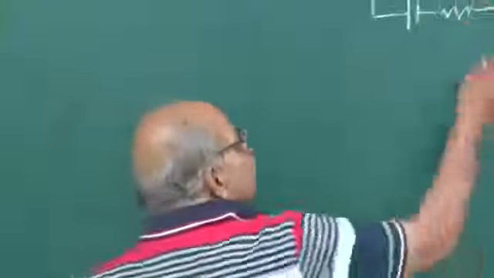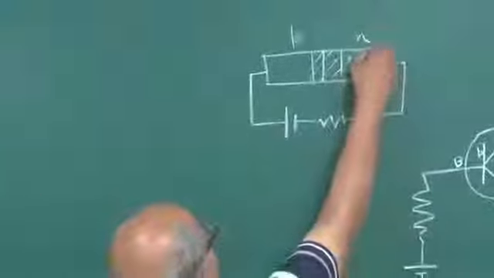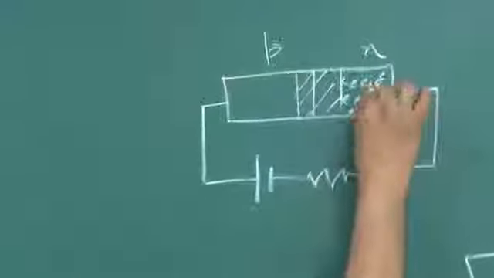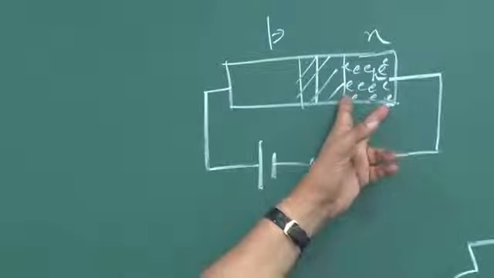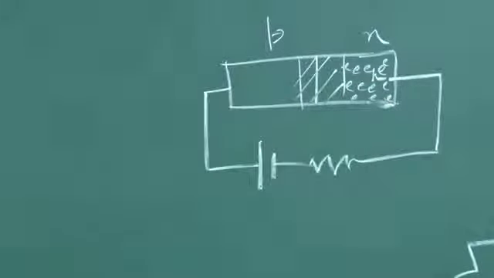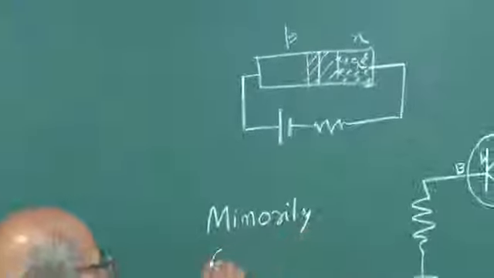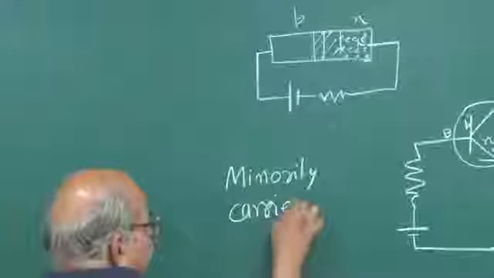Okay? If you have a large number of free electrons, conduction electrons here, and a small number of holes, the majority carriers, once that barrier is reduced, diffuse to this side, which we call minority carrier injection.